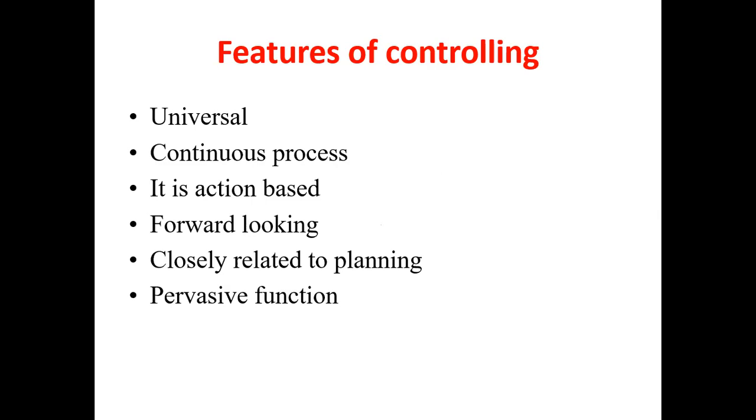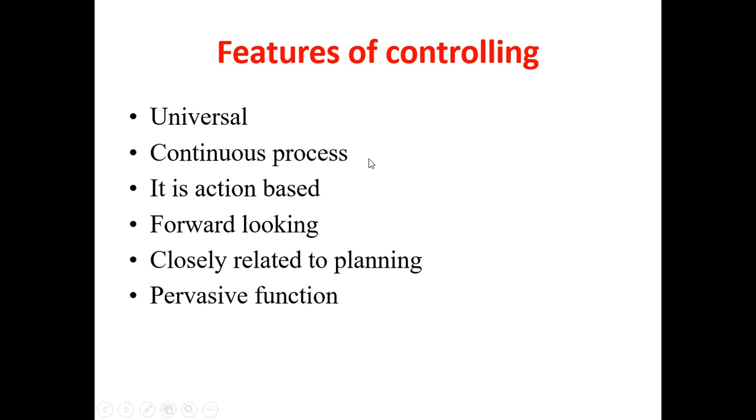Next, let us see some features of controlling. The first one is that the controlling process is universal. What does universal mean? Controlling is an essential function in any organization, such as an industrial unit, university, hospital, and government office. So controlling is universal. Next, controlling is a continuous process.